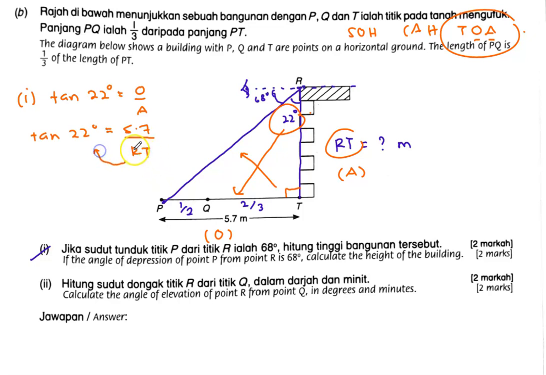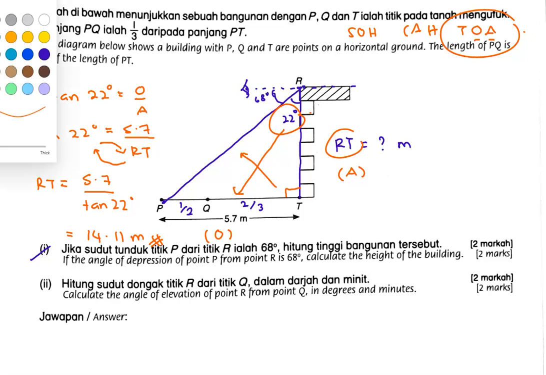Bring up your RT. Thus, tangent 22 degrees will go down here. This gives you RT equals 5.7 over tangent 22 degrees. So your RT will be 14.11 meters. So this is how you find your first answer.